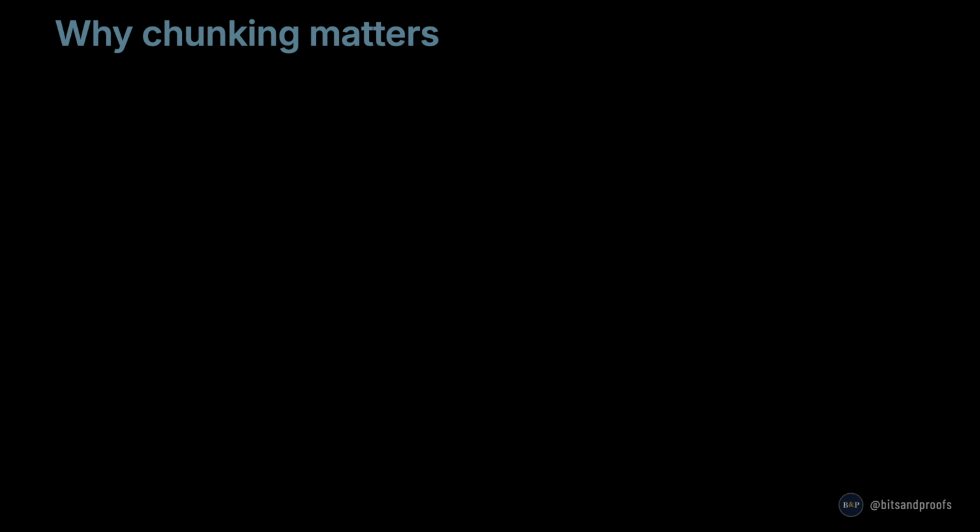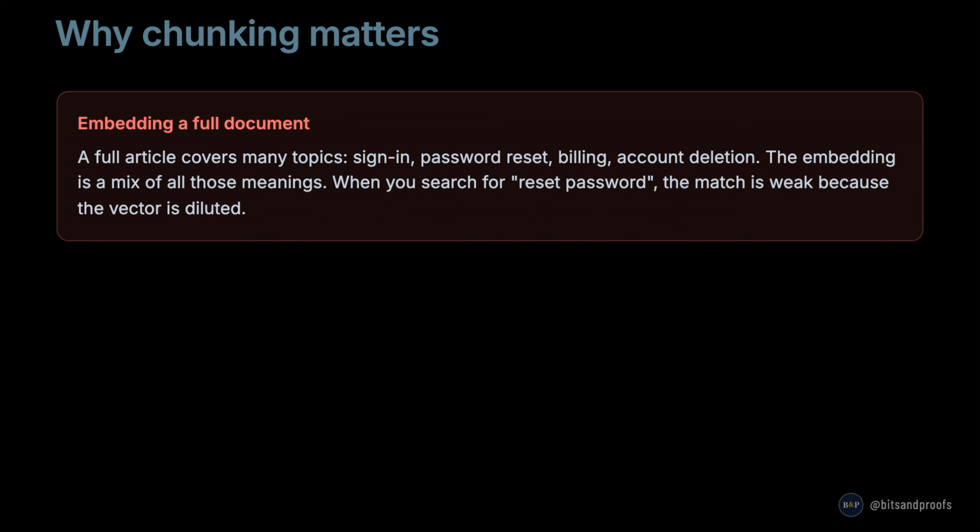Why do we split into chunks instead of embedding the whole document? Let me show you the difference. If you embed a full article, that article probably covers many topics. Sign in, password reset, payments, account deletion. The resulting vector is a mix of all those meanings. When a user searches for reset password, the match is weak because the vector is diluted by all the other topics.